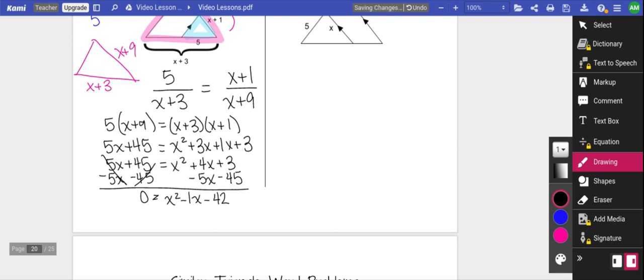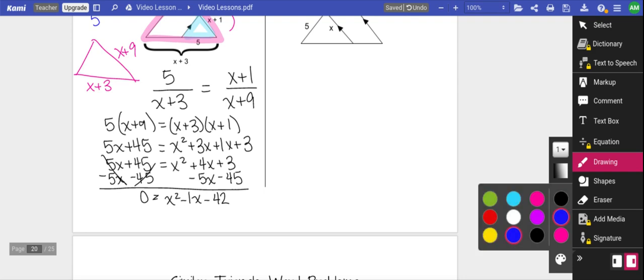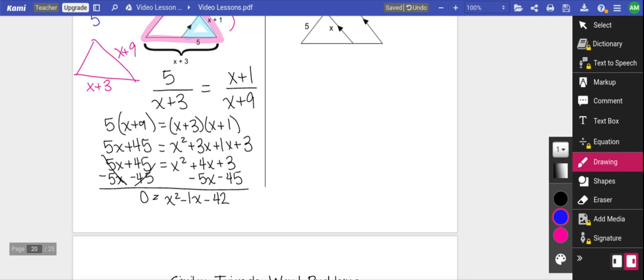Once I have a trinomial like this, I can factor it. And to factor it, again, as a reminder, I'm going to think of factors of 42 that will add or subtract to -1. Because I know I'm looking for factors of 42, most commonly when you think of them, you're going to think of 6 and 7.